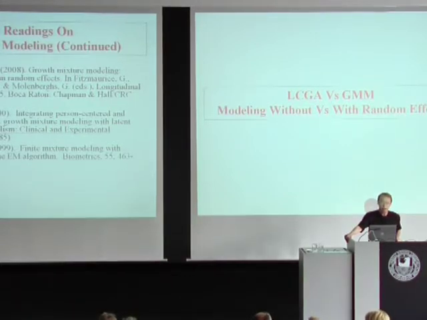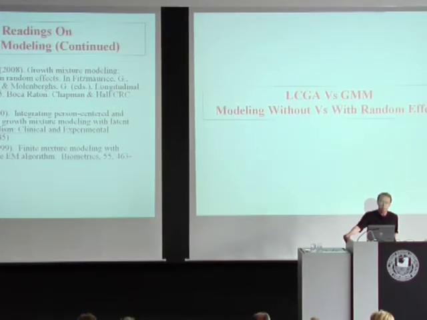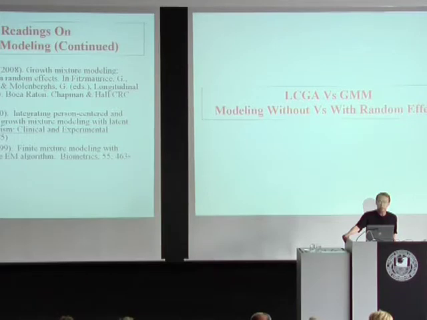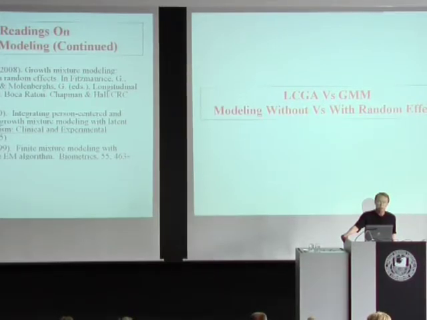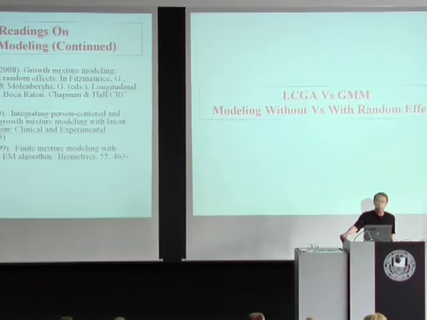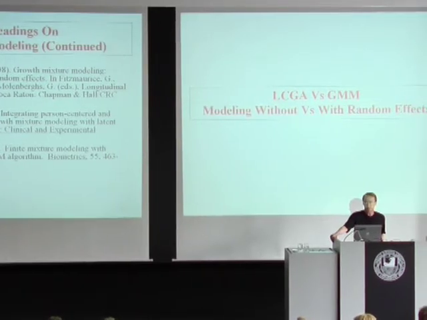In actual analysis, you would first use the default of class-invariant variances and covariances for the growth factors. And then you would do a plot, using the plot command, where you can plot the estimated mean curve for each class and the individual trajectories for individuals who are most likely to be in that class.